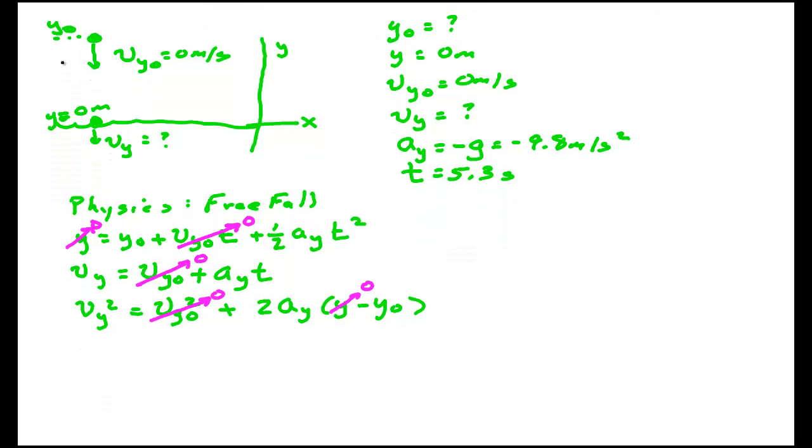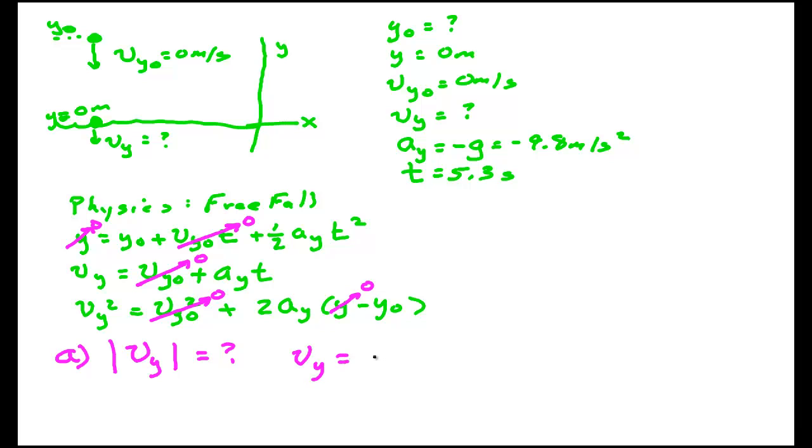So I'm going to do that. Our goal in A is to find the absolute value of Vy. Looking at this, I see this equation doesn't have Vy, so it wouldn't be my first choice. This one does. Do I know Vy? No, I'm looking for it. Do I know Ay? Yes. Do I know t? Yes. Plug and chug, this one is very quick.